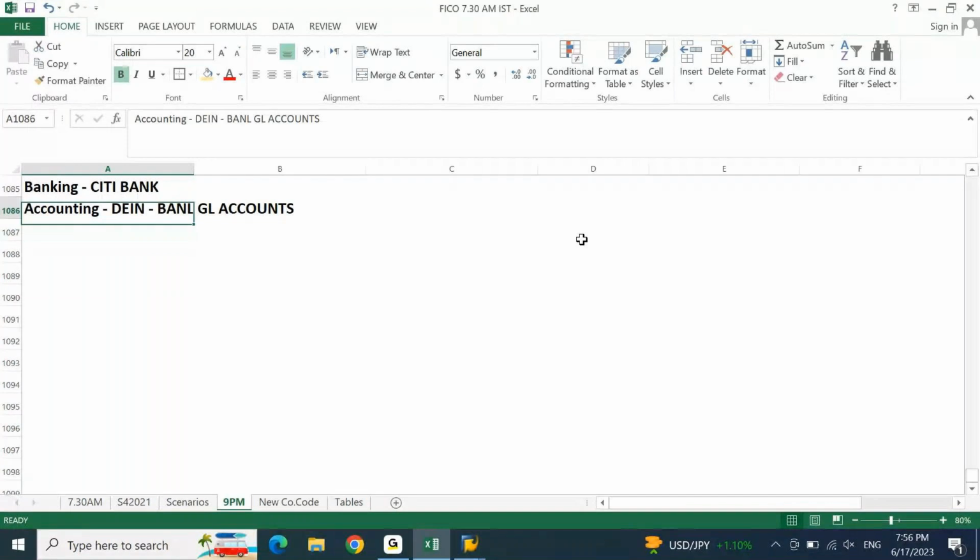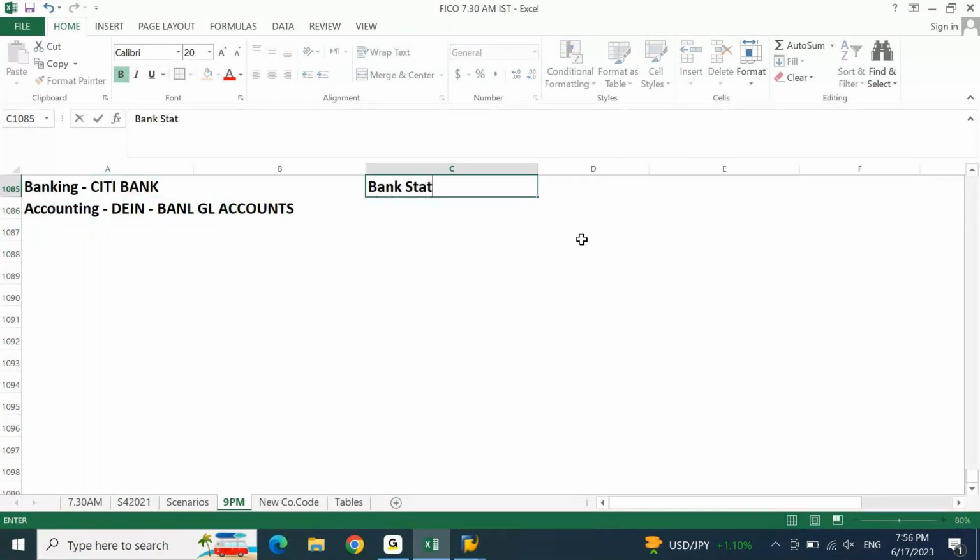This is coming from your bank statement. This is your bank GL. Correct? Yes, no? Are these two things correct? Correct, sir.